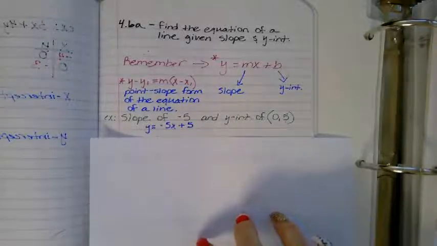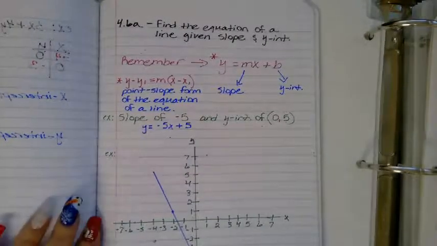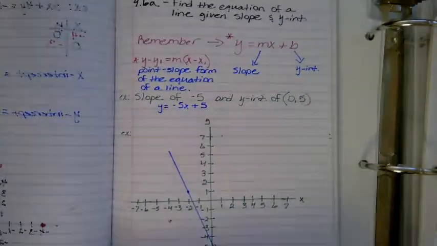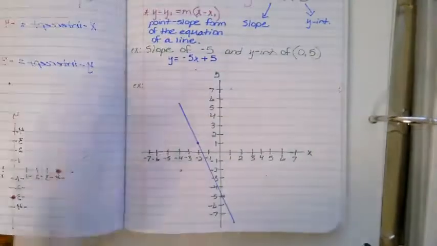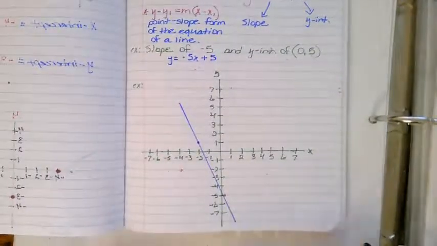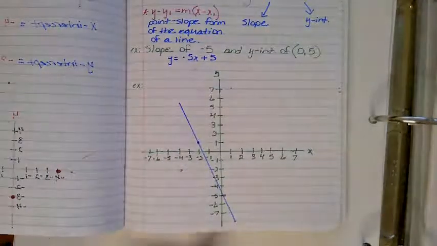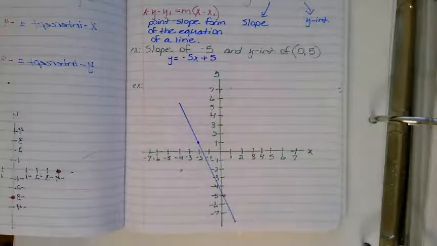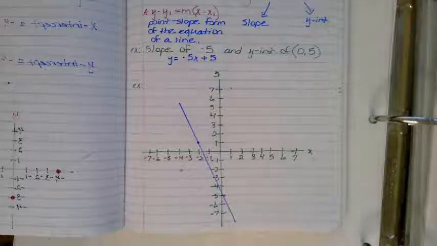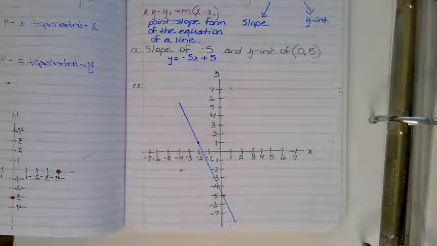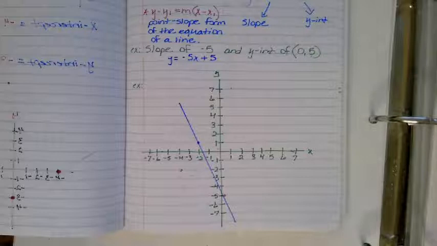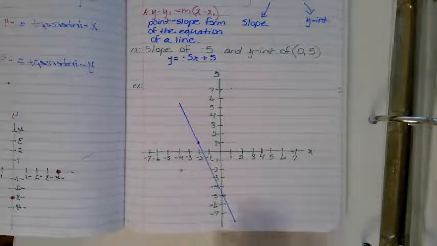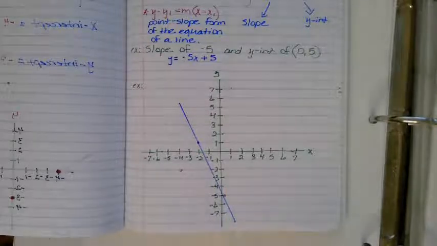All right. This one I want you just to write that down first. Move my book. Actually, I got to move this guy. There we go. And I kind of put two little plot points so you can kind of make your line. So on this one, some of your problems you're just going to be given a graph to look at.